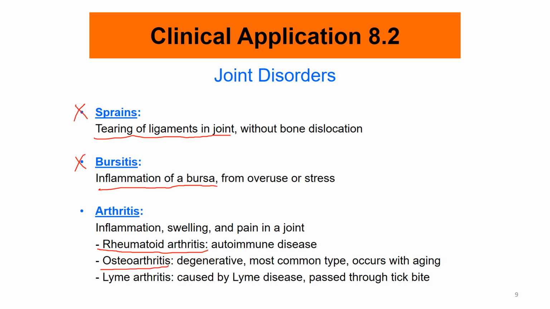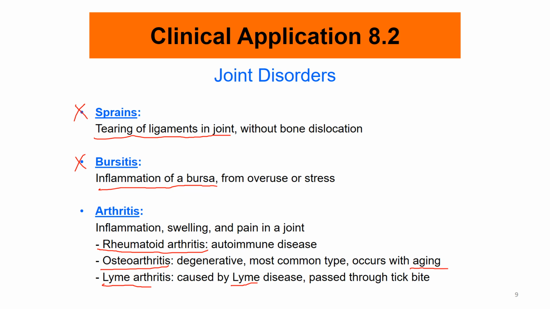Osteoarthritis instead is degenerative. So here it occurs with aging. This is more just wear and tear on our joints. And here the cartilage in both rheumatoid and osteoarthritis, the cartilage is getting worn down. Lyme arthritis, this is caused by the Lyme disease, which is actually a bacteria, and it's passed through the tick bite. So Lyme disease can give us flu-like symptoms, but then the bacteria can go and attack our cartilage in our joints.